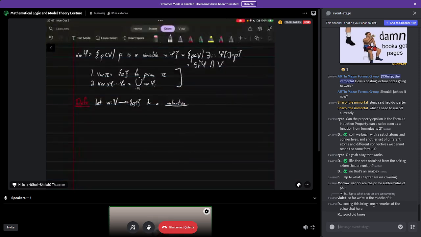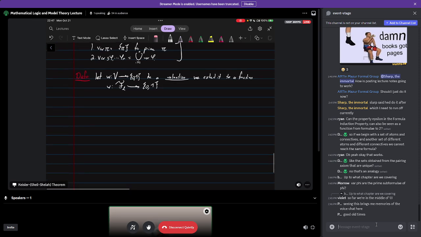So a valuation is just a function which for every variable assigns it a truth value, so it's either 0 or 1. We extend it to a function, and we're going to give it the same name, w, but now it's going to take a formula and give it a truth value.